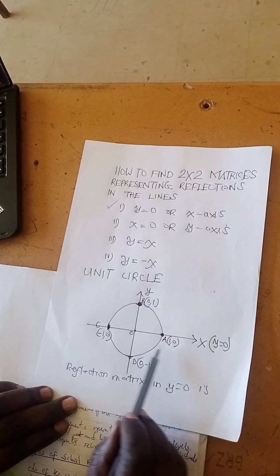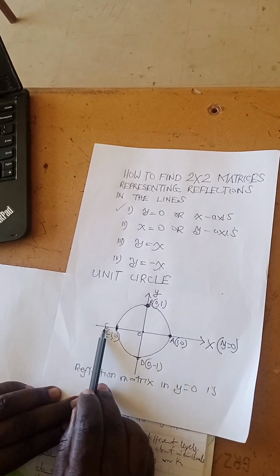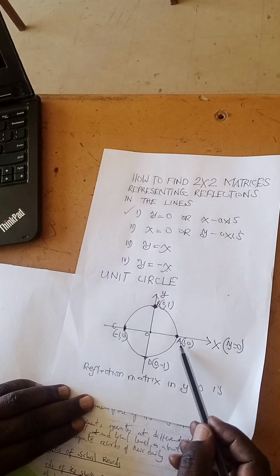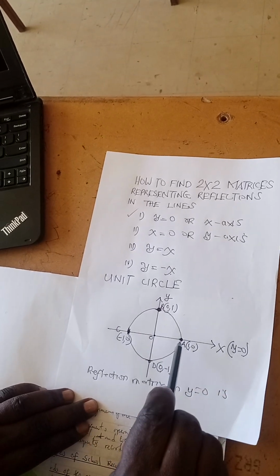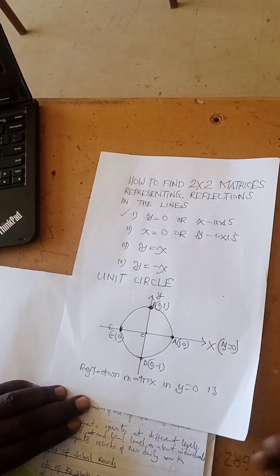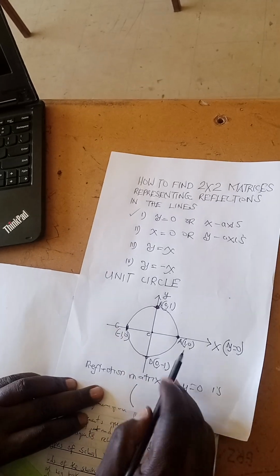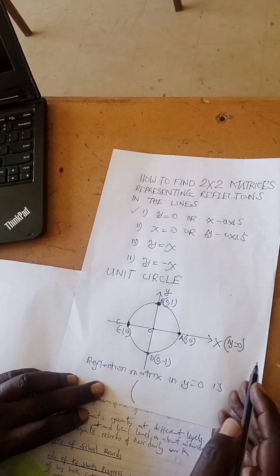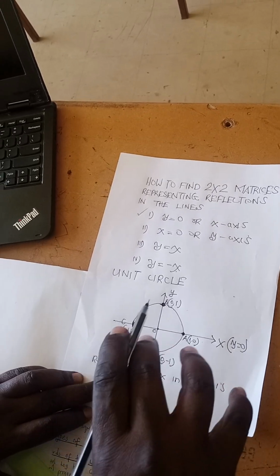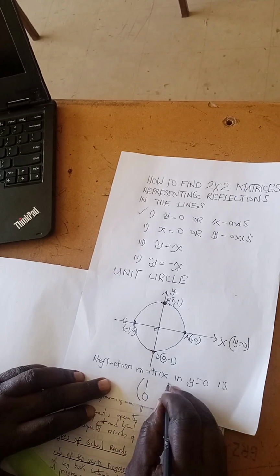When we are reflecting a point 1, 0 in the line y is equal to 0, you discover that the point 1, 0 is actually on the line, and therefore it will not move. It is an invariant point. So to write it, we shall write that 1, 0 will remain at 1, 0. So we are going to write it in column form. So it's going to become 1, 0.